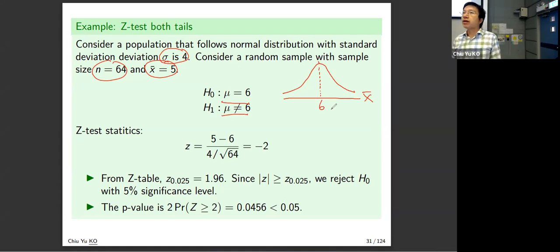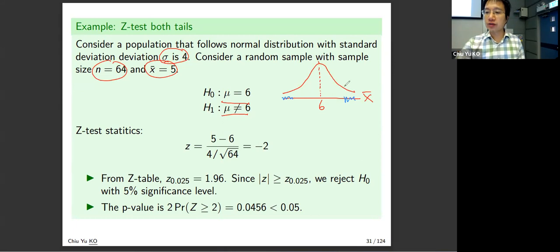What does that mean? It means that the region will be on both sides, and you don't know which side. So you put alpha half into both areas. You reject if it's too big and also if it's too small. But now I have to put alpha somewhere.